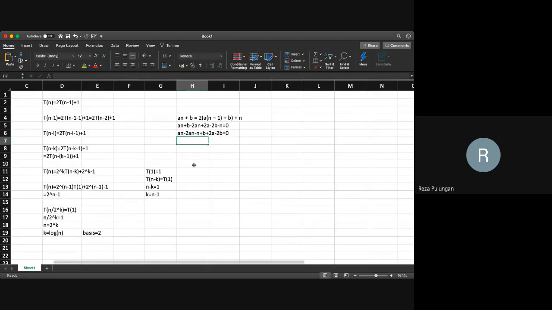Okay. So what else can we say about this? This is an minus 2an, so this will be minus an minus n. Plus 2b minus b is equal to 0.